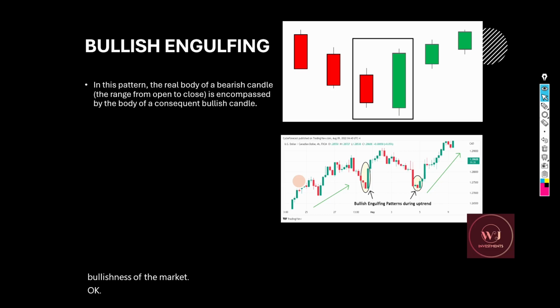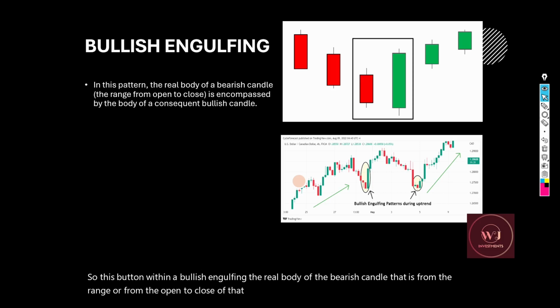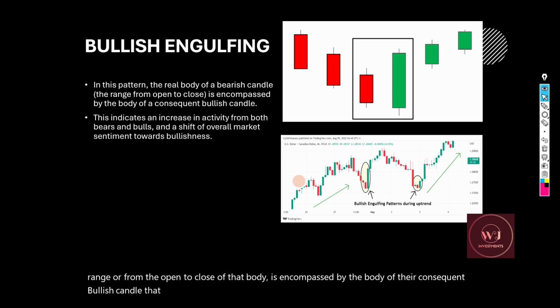so within this pattern, the real body of the bearish candle, that is from the open to close of that body, is encompassed by the body of the consequent bullish candle that we explained already. And it indicates an increase in activity from both bears and bulls and a shift of overall market sentiment towards the bullishness.